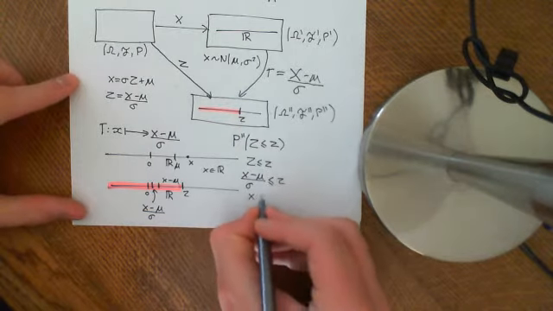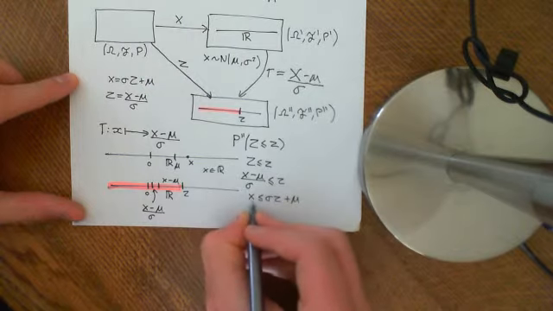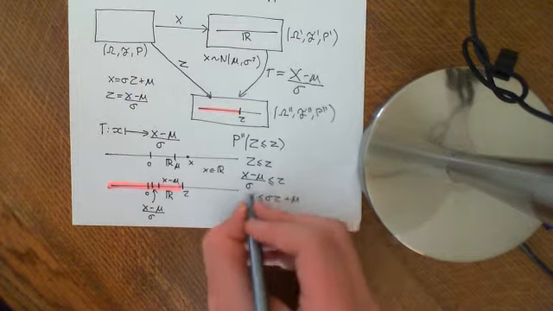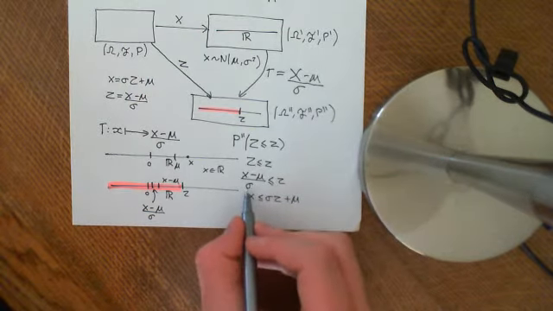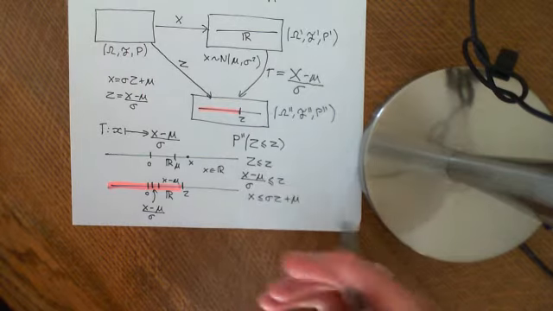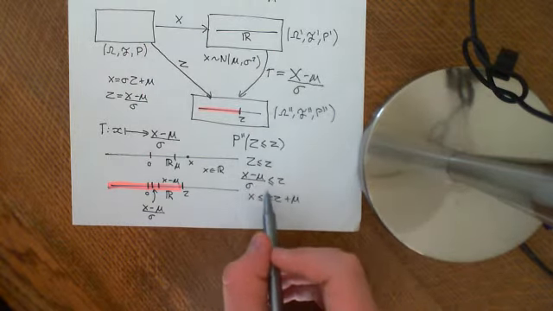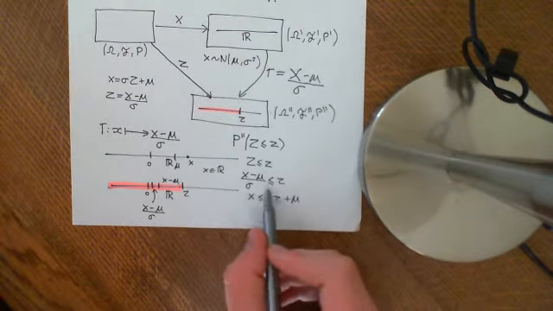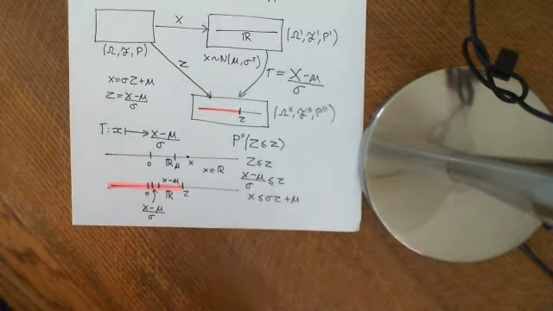So that's all points x such that x is less than or equal to sigma z plus mu, just by the ordered field properties of the real numbers. The standard deviation is a positive number, so it's not equal to 0. So we'll have a multiplicative inverse, which we can multiply both sides by, and the inequality will remain the same, it won't flip. So that's perfectly fine.